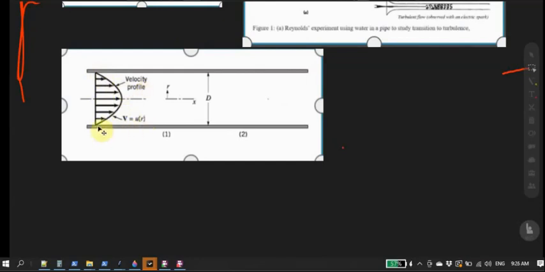So in this case, the velocity distribution, which is V, is written as the local velocity of the fluid.